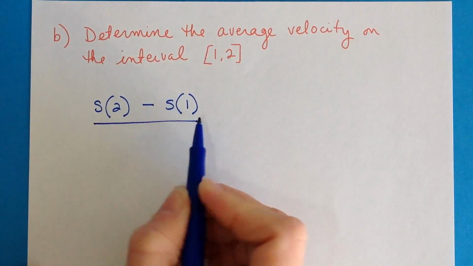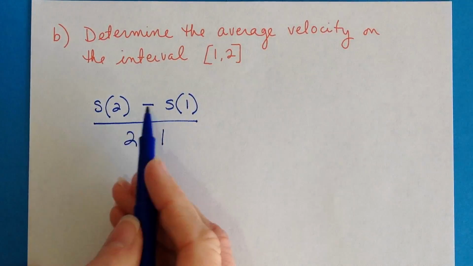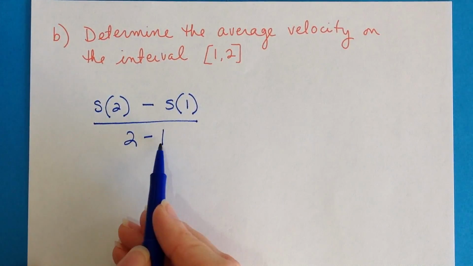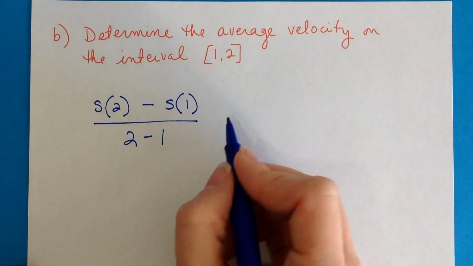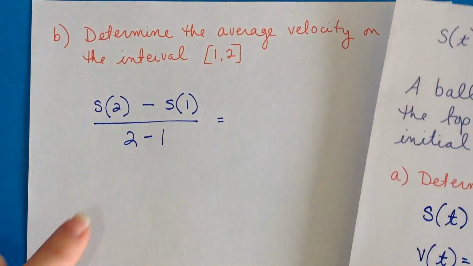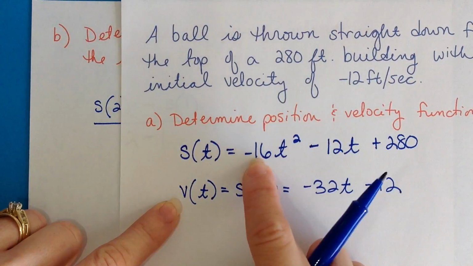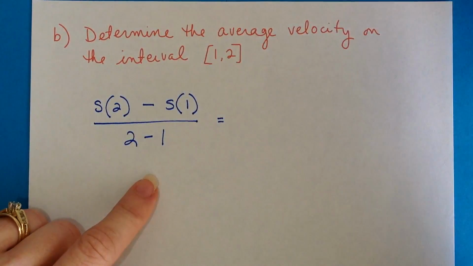And then you're going to divide that by 2 minus 1. So if I do s of 2 minus s of 1, then I've got to do 2 minus 1. Just make sure you're subtracting in the same order. Okay, so when I say s of 2, that means you've got to substitute 2 into this function right here.